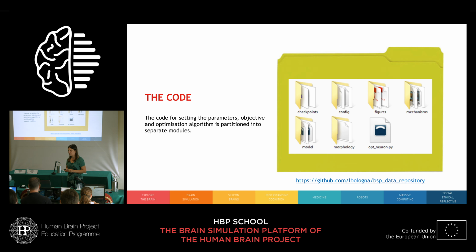The code for setting the parameters, objectives and optimization algorithm is partitioned into separate modules, okay? When you download at least one folder from the GitHub repository, you will see that it has the same structure that I'm describing now, okay?